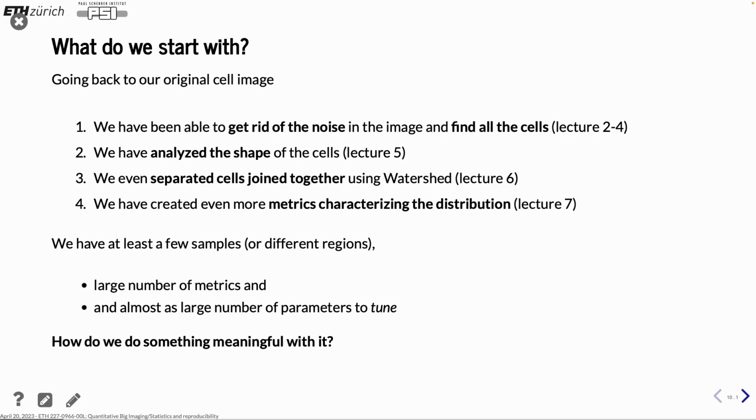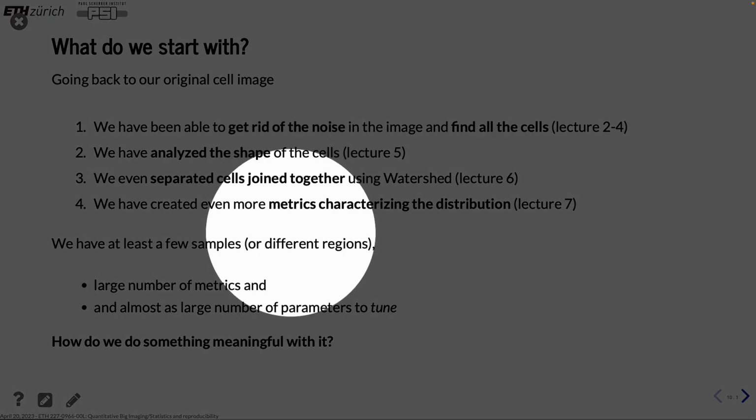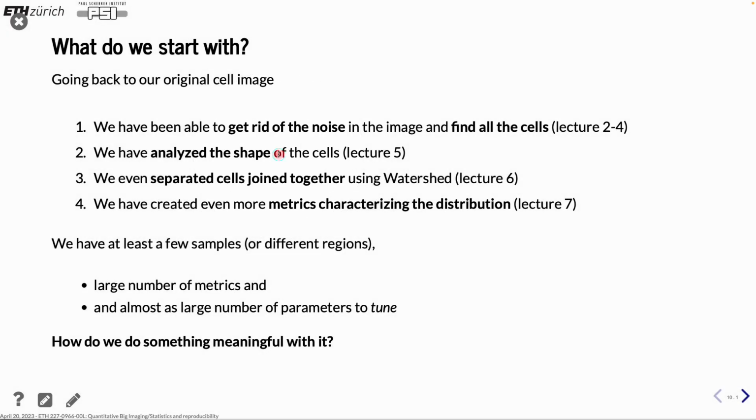And then we also, of course, have a large number of parameters to tune. I mean, every step here has some kind of parameter that we need to tune. Already the filter had some tuning parameters.